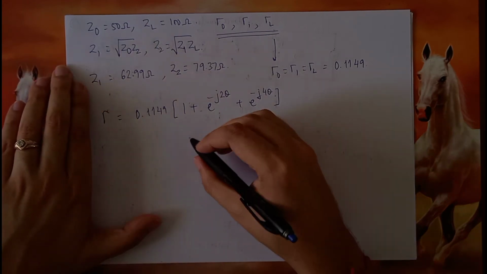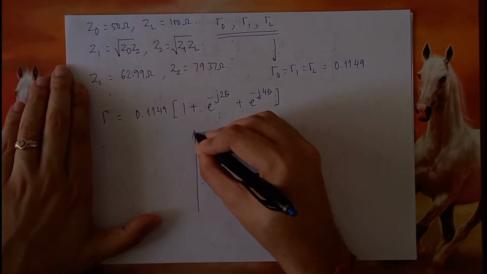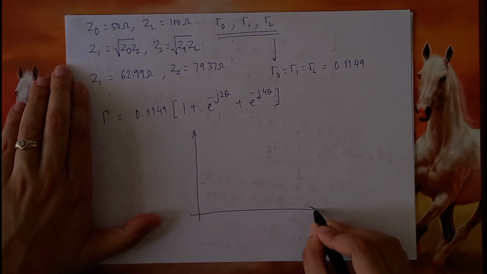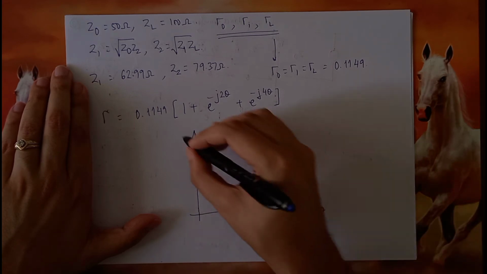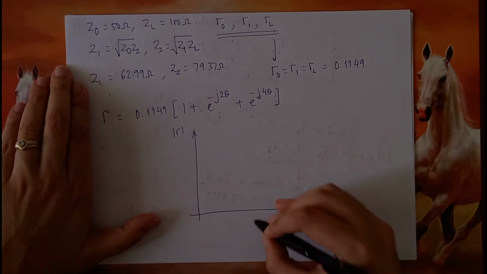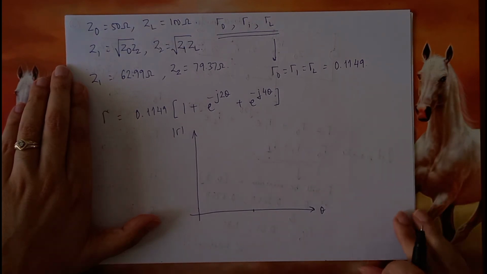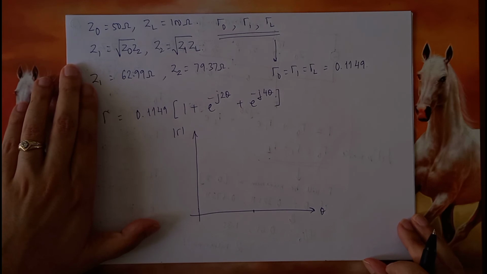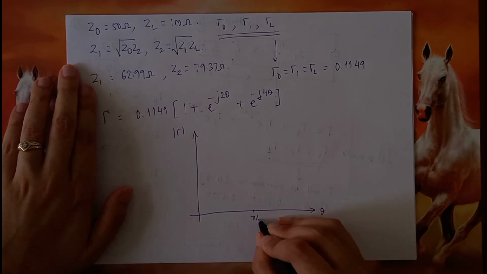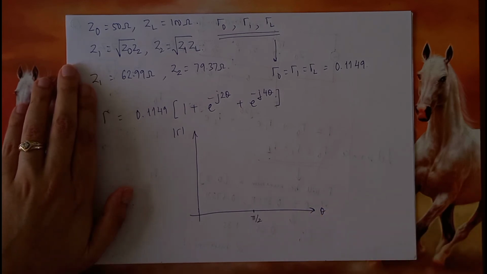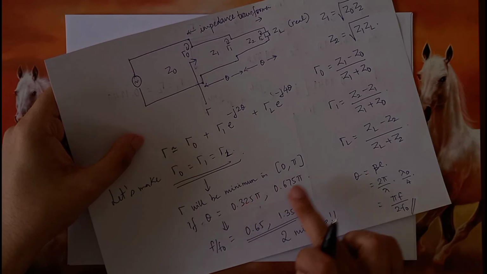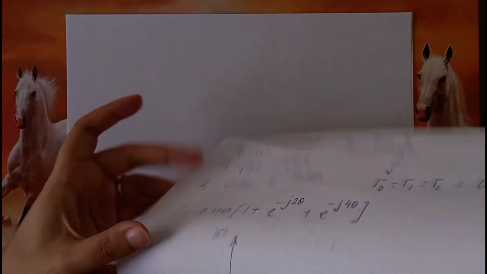If I now plot a graph of theta versus mod gamma, you will see that the minimas will happen when theta becomes equal to these two values, 0.325 and 0.675 pi.